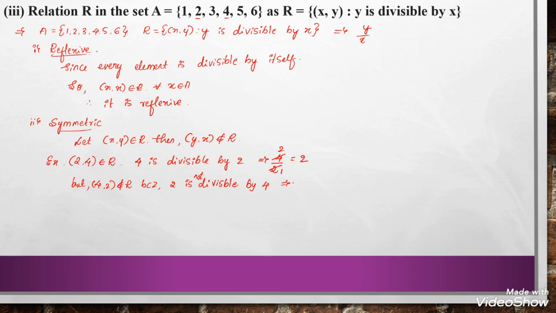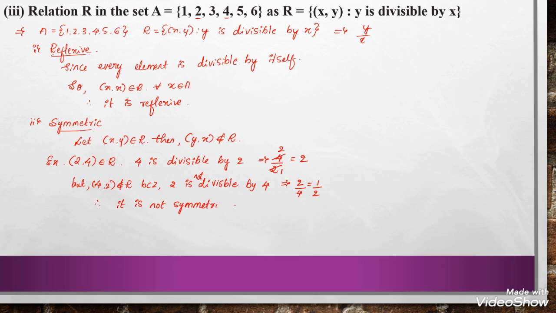That is, we get the result 1 by 2. It is not a whole number. 1 by 2 is not a whole number, so it is not completely divisible by 4. Therefore, it is not symmetric.